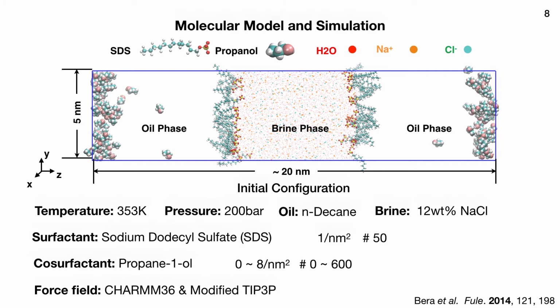We use CHARMM36 combined with the modified TIP3P, which has already been proven to be the best force field for reproducing the structural properties of SDS among the most commonly used force fields. We also conducted a calibration in terms of density and interfacial tension, and we found that this force field is good to study the interfacial properties with this system.